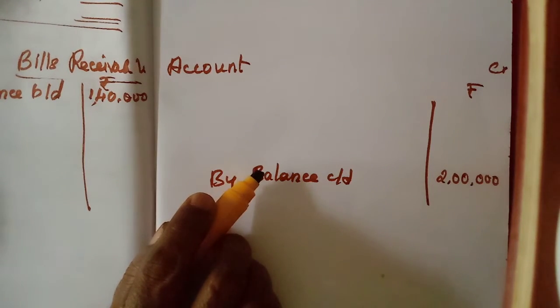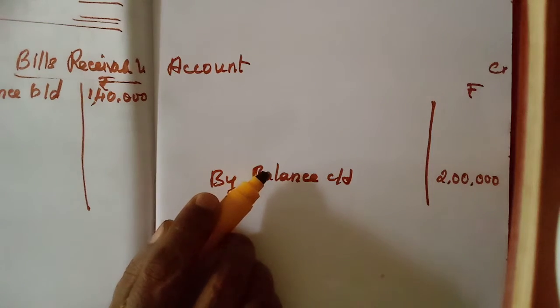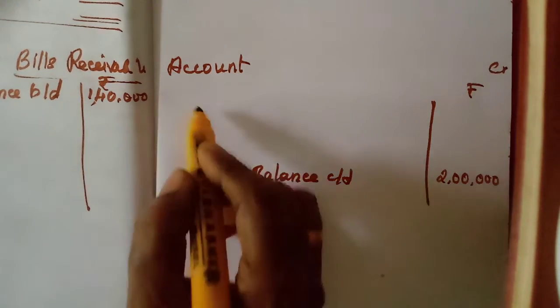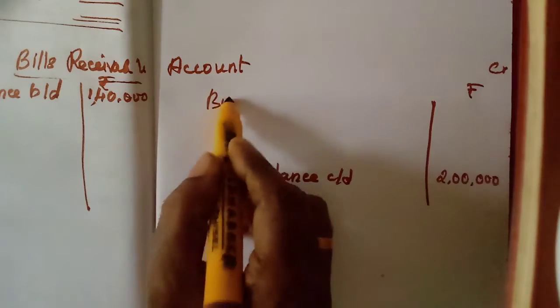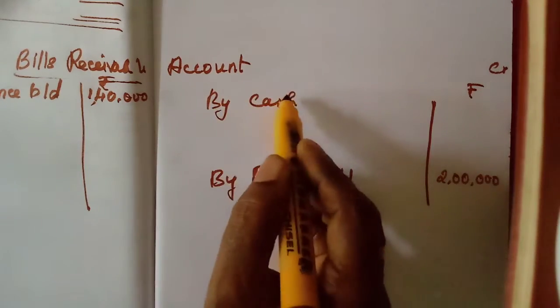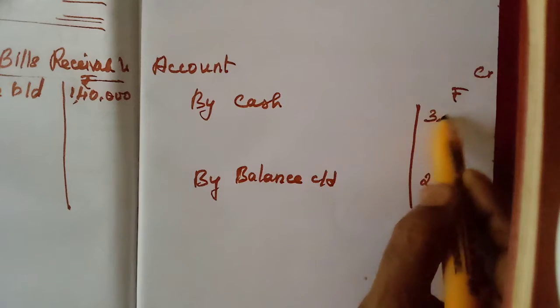Then cash received for bills receivable. Cash account debtor to bills receivable, so by cash 3,90,000.